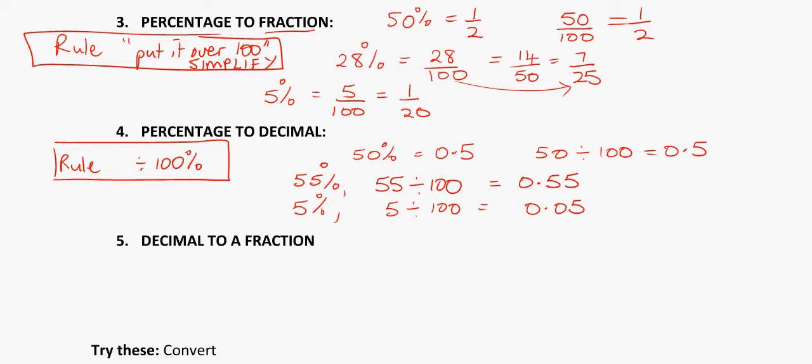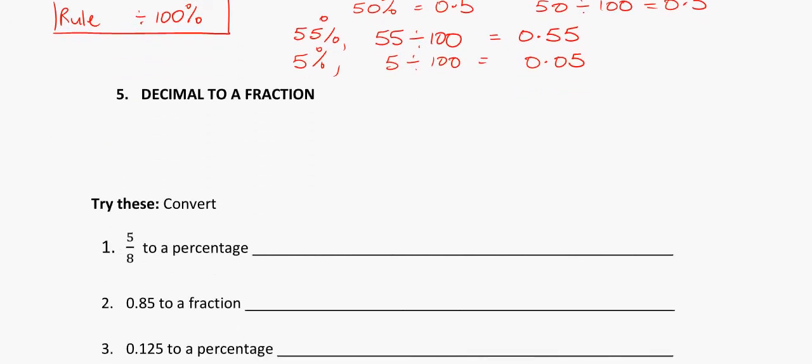Now, the last one is a decimal to a fraction. Okay, let's see, a common one we know, 0.5 is a half. Now, how did we get that? 1 dp. If it's 1 dp, you put it over 10. 5 over 10, which is simplified to 1/2.